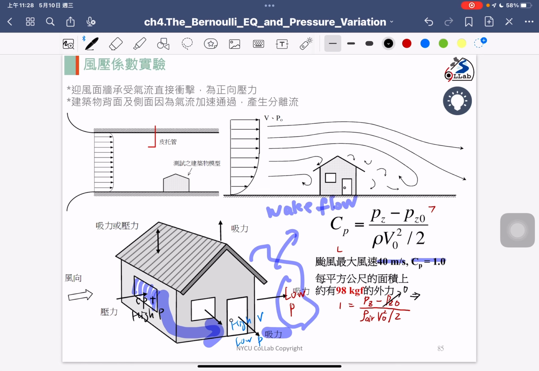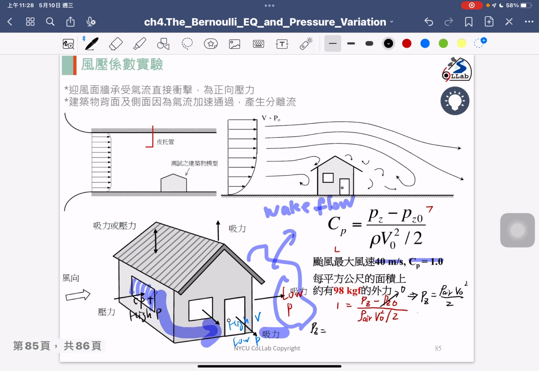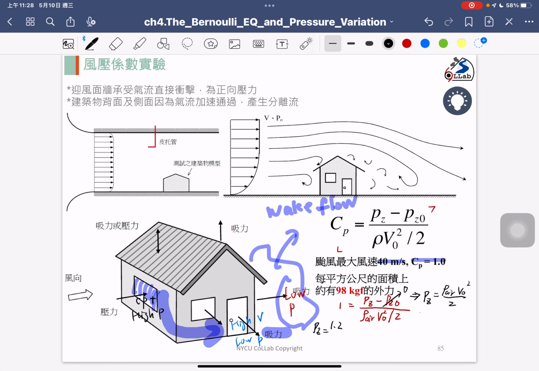So we know that the piezometric pressure at the front of the house is equal to the air density times velocity squared divided by 2. And we put the numbers inside the piezometric pressure. The air density is equal to 1.2.